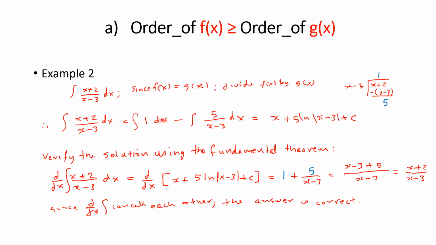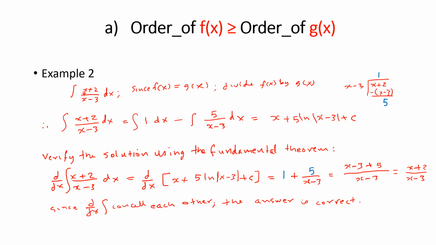Here is an example for f of x greater than or equal to g of x, where we said we first have to do the division of f of x by g of x, and then proceed with finding the integral. You can see that it is the integration of x plus 2 divided by x minus 3. So x to the power 1 in the numerator and x to the power 1 in the denominator, so they are equal.